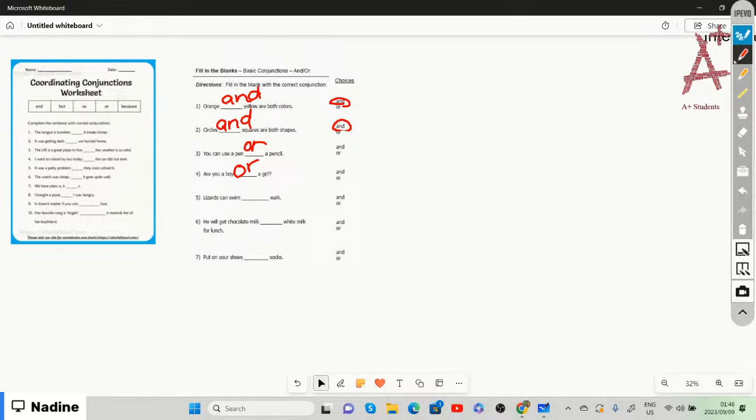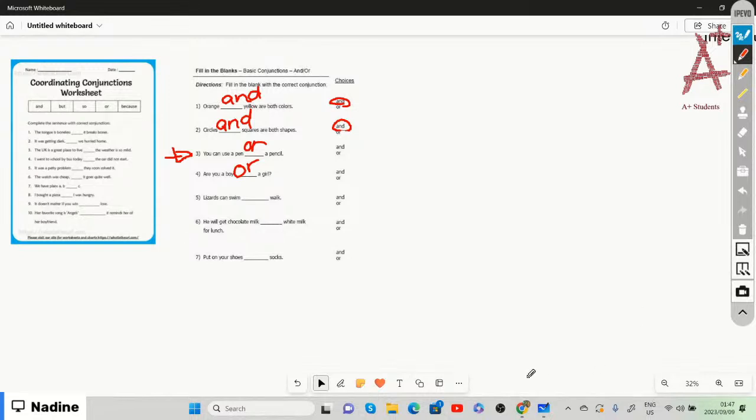So, or. All right, so just to clarify on three, we can use or because it's the option. It's either one. Use the pen or use a pencil.